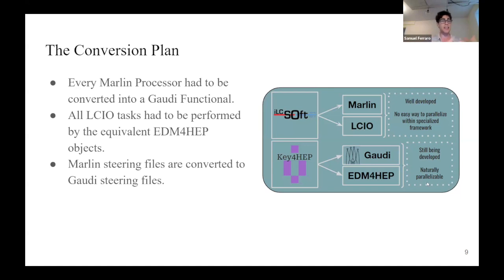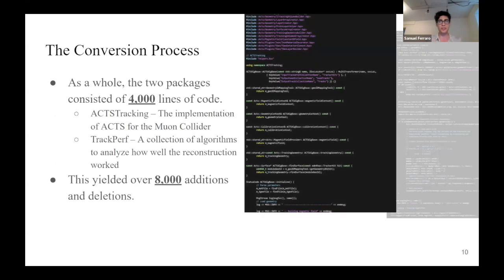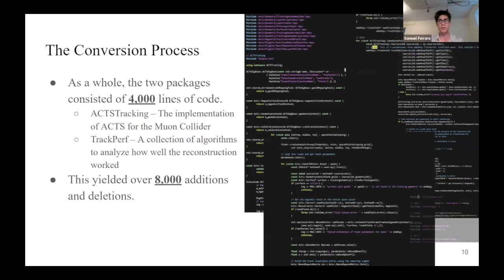So my job was to take all those Marlin processors and convert them to Gaudi functionals, make sure all the LCIO tasks are being handled by EDM4hep, and convert the steering files. As a whole, this was over 4,000 lines of code between the two packages I was working with. One was ACTS tracking, which was the actual implementation of ACTS, and TrackPerf, which was just a collection of smaller algorithms used to analyze the performance of the reconstruction and make sure it was doing what we wanted it to do.